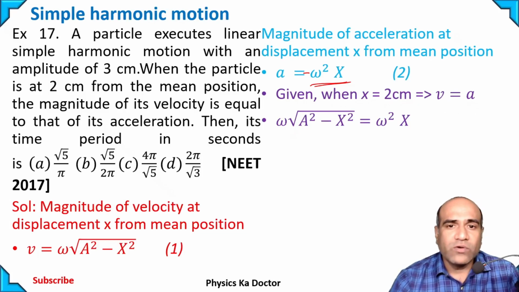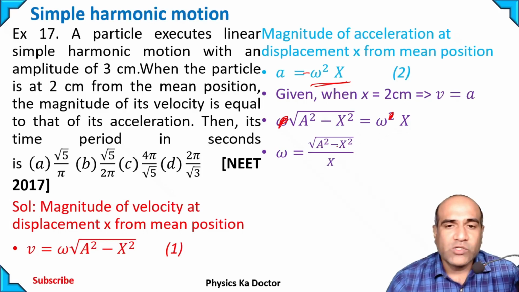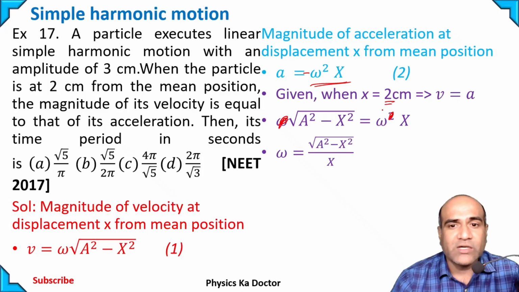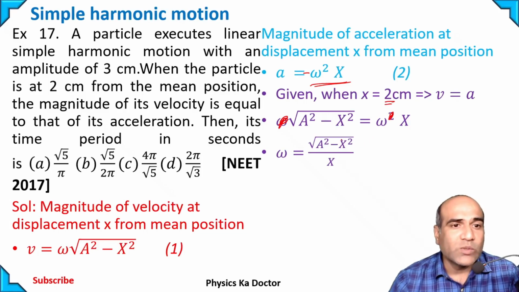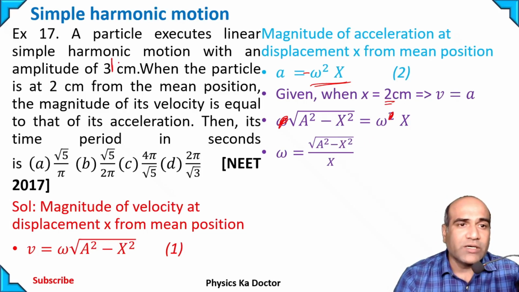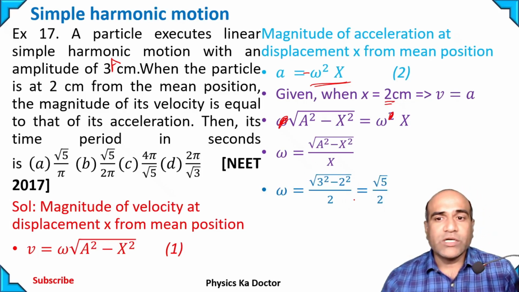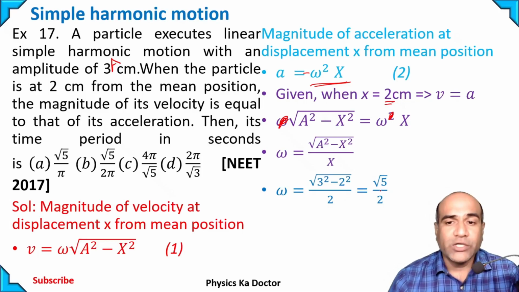Put the values: omega under root a square minus x square. We can remove this omega, so it is cancelled. We can take a square minus x square is equal to omega square x, so omega is equal to under root a square minus x square by x. We put x equal to 2 and a equal to 3 centimeter, and we can find omega. Omega is equal to root 5 by 2.